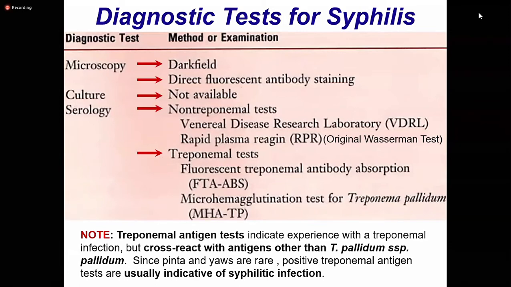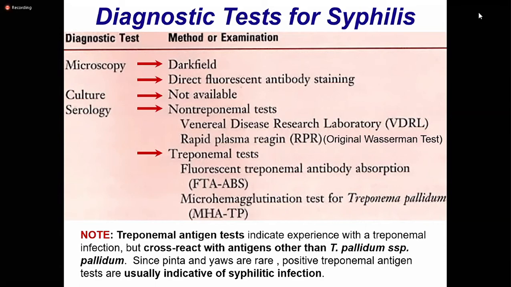Some other countries have the RPR, rapid plasma reagin, or originally it was called the Wasserman test. We still use these until now for diagnosis of syphilis, using non-treponemal antigens. If you wanted to use the organism, culturing it is very hard. You have to grow it in animals and then collect the organism and use it for the test.